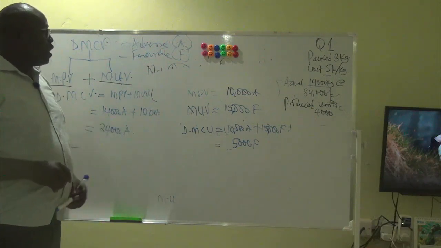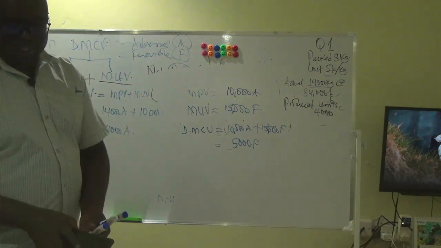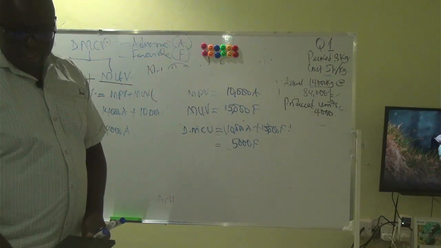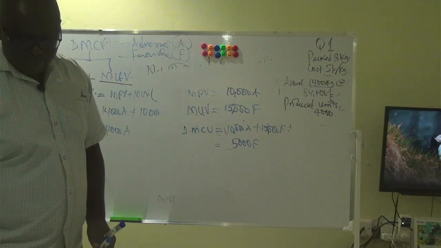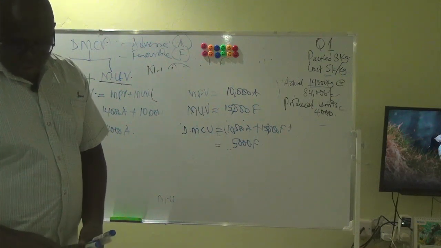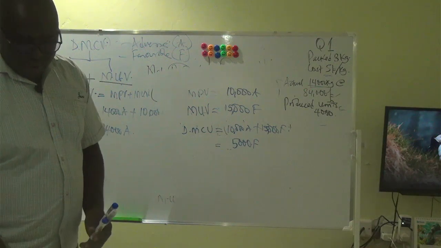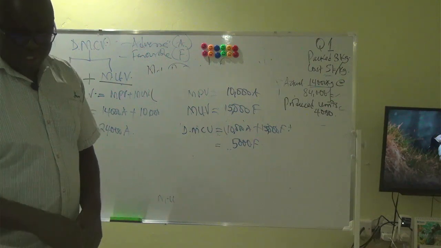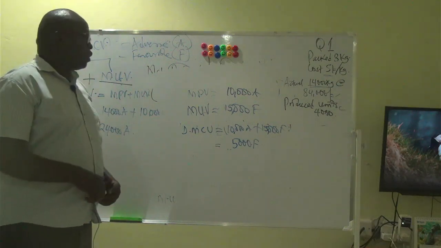So that is how we will be calculating our material cost variances, and we can pick another example that we can solve during our times of revision, so that we can understand how this particular discussion runs through.